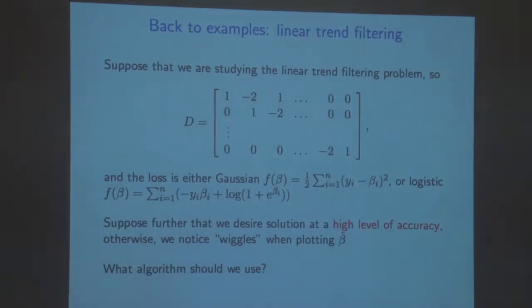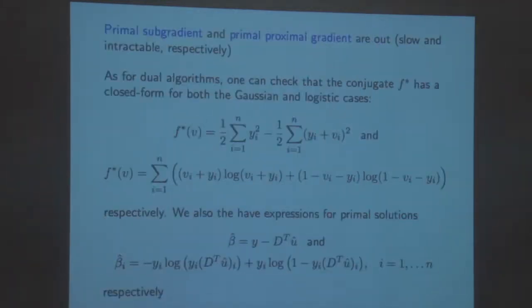They both involve solving a penalized least squares problem, where the loss is the squared norm of y minus beta, plus an L1 penalty on D beta. So that's not really even a plausible route for the Gaussian model. For the logistic model, it doesn't make it any easier. It's still a very hard problem to solve. It just reduces it basically to the Gaussian model. So we don't think about primal proximal gradient as being a real option here.